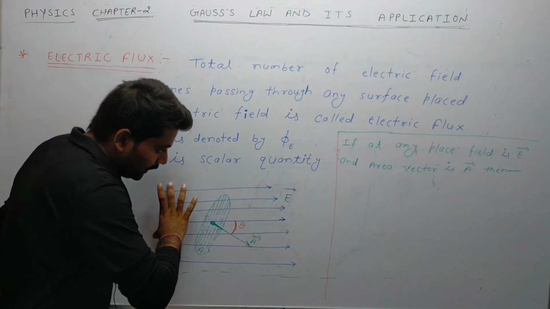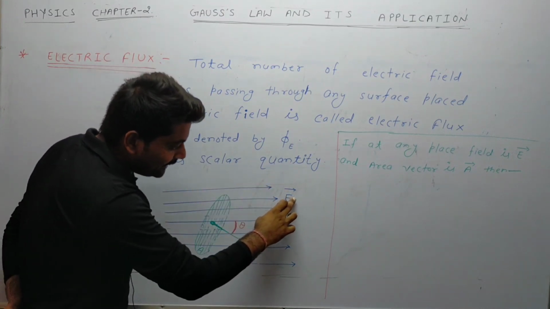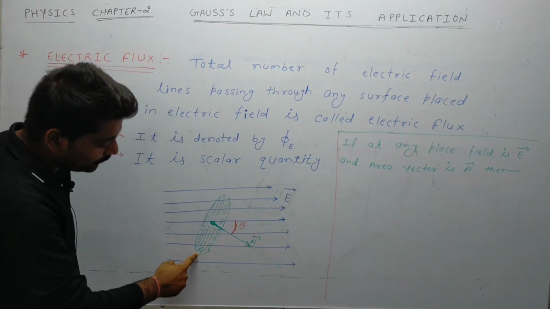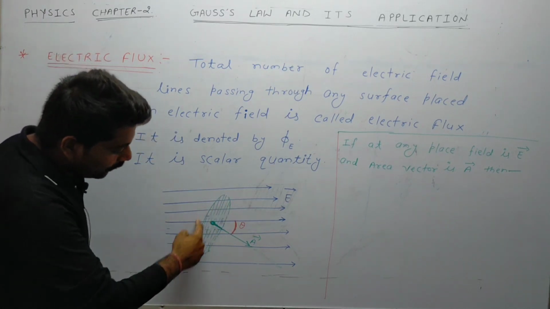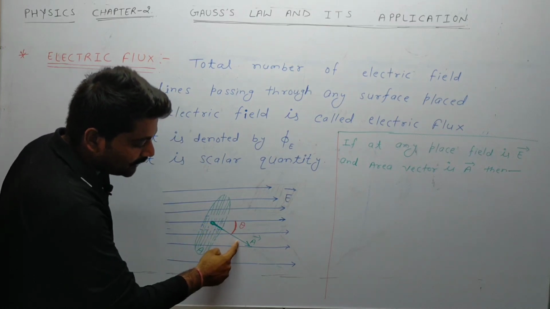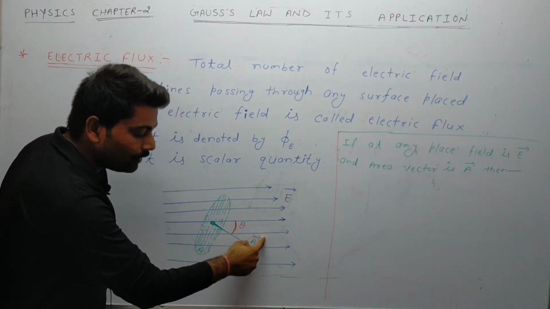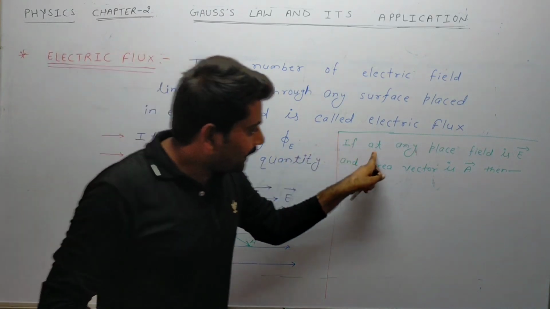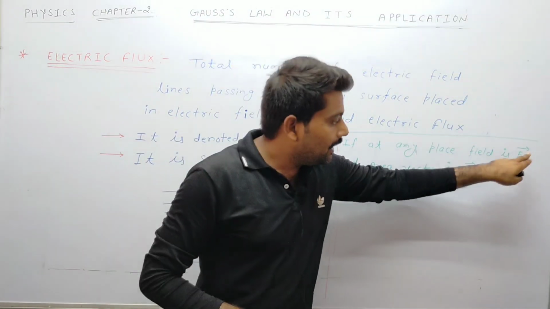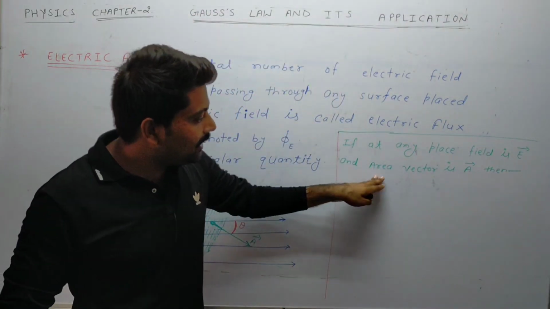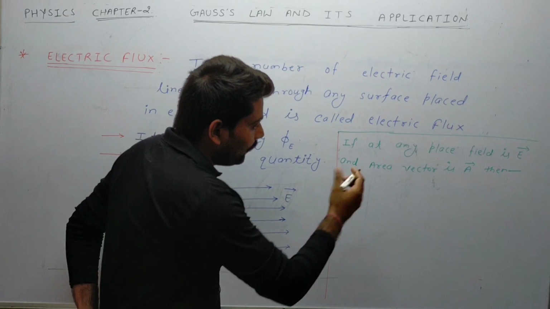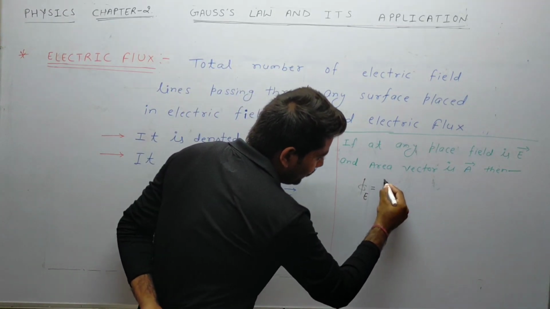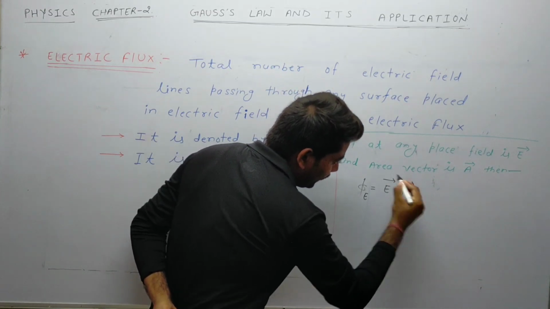The diagram shows an electric field whose intensity is E vector, and this is the surface. The magnitude of the surface is capital A. We draw a perpendicular on this surface, denoted by A vector, and it is known as the area vector of this surface A. If at any place the electric field is E vector and the area vector is A vector, then the flux can be written as phi E is equal to E vector dot A vector.